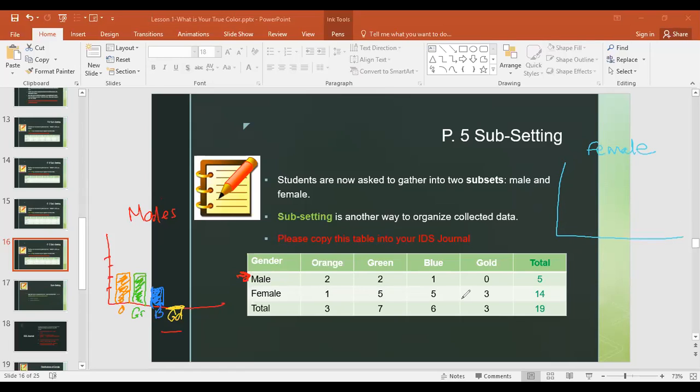Now pay attention to the females. The highest number we go up to for females is 5 right over here. So you're going to have to make sure you make tick marks of at least 5, so you know how high you're going. And then I'm going to let you guys do the rest. I'll give you about 1.5 minutes to make this bar graph yourselves, okay? About 1.5 minutes and go.